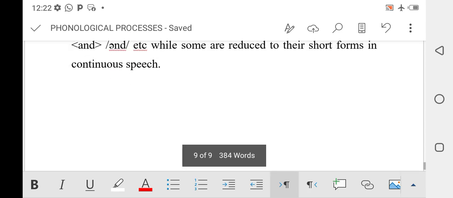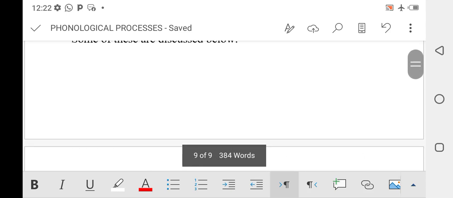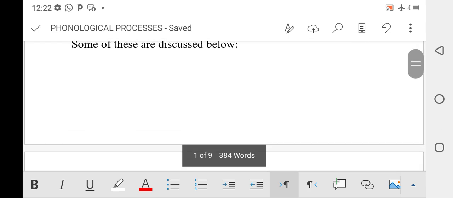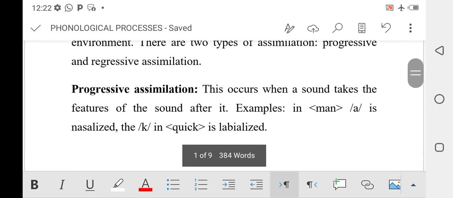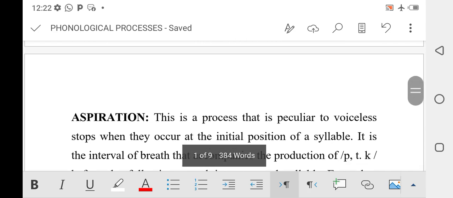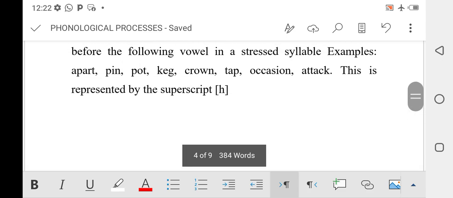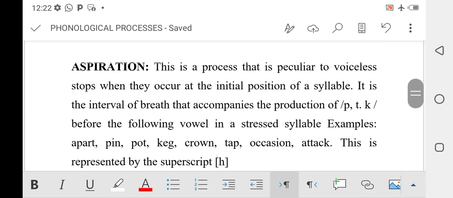Okay, so that is it for the phonological processes. Under phonological processes, we have assimilation. Under assimilation, we have progressive and regressive assimilation. We have aspiration. In aspiration, we could have aspirated, unaspirated, and unreleased.